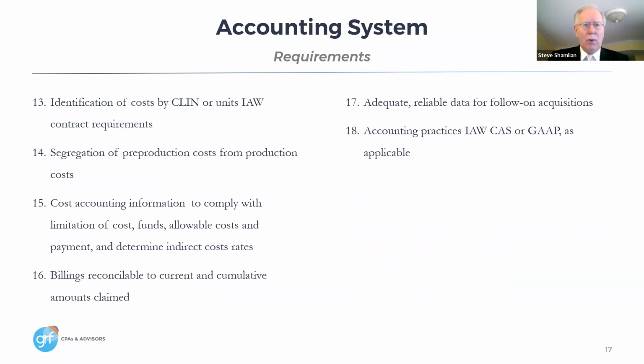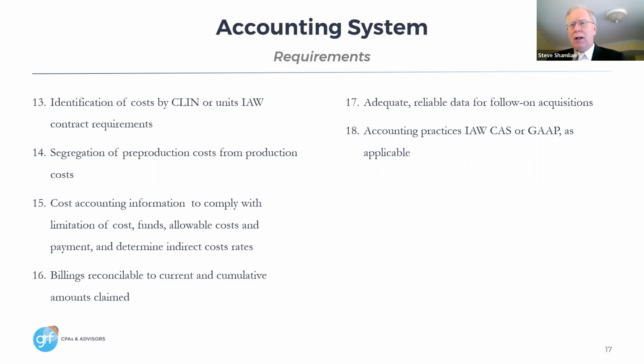Okay, more on having a cost accounting system, including accumulating costs by CLIN or as otherwise required in the contract, and segregation of pre-production costs from production cost. Your accounting system should enable you to comply with limitation of cost, limitation of funds clauses, and your billings of cost to the government should be reconcilable to your cost accounting system.